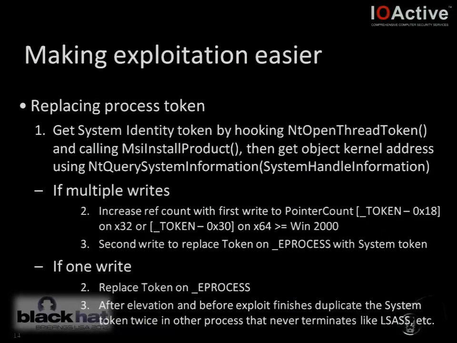So the reference count will never reach 0, and you won't get a blue screen. So like I said, it's three easy steps: get the identity token, get your token kernel address, replace it in your process, in this case the exploit, and instantly elevate privileges. Just make sure to take care of the reference count.